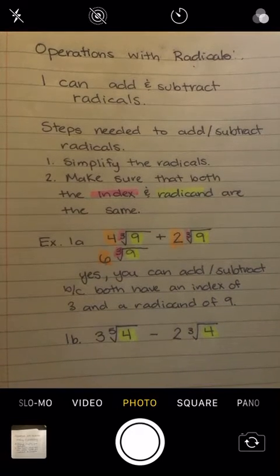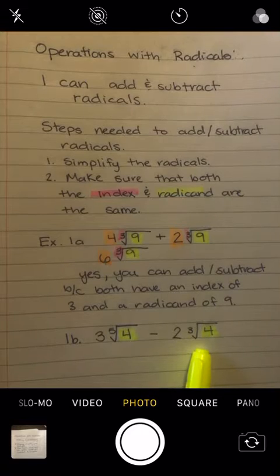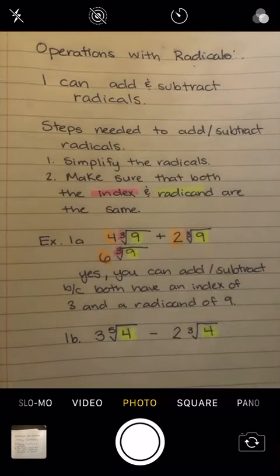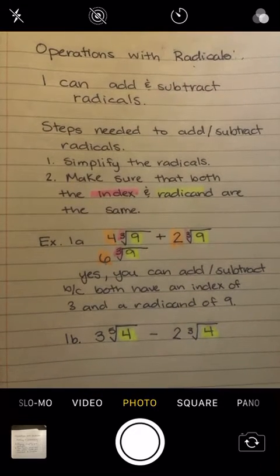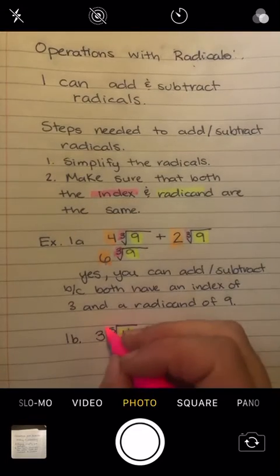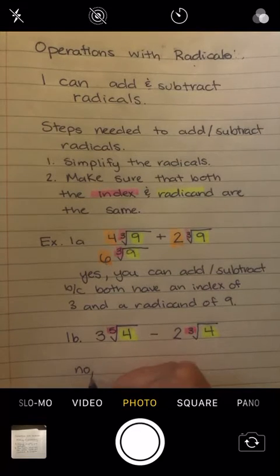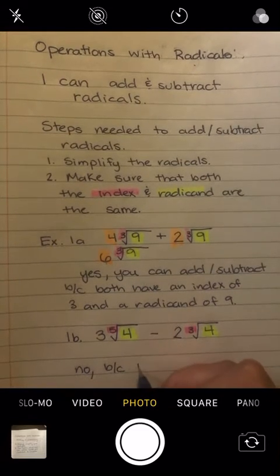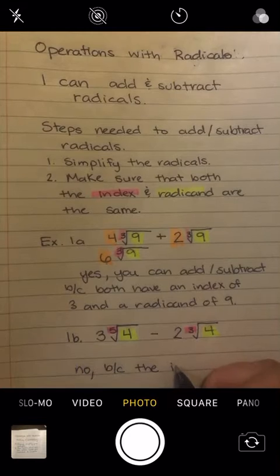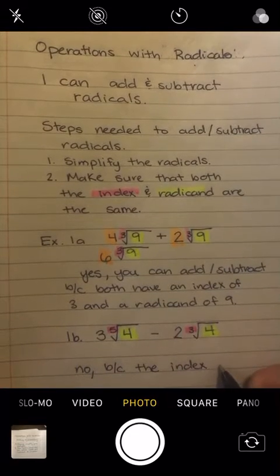This is why on your EOC you need to pay attention, because they'll sometimes do trick questions like this. The radicands are the same, but our index is not the same. One is 5 and one is 3. And we're going to say no, because the index isn't the same.